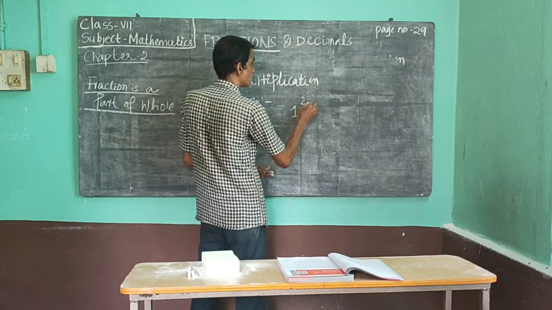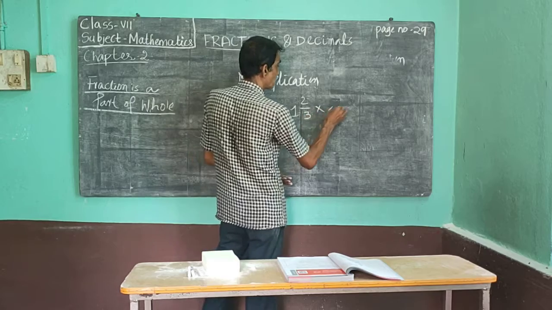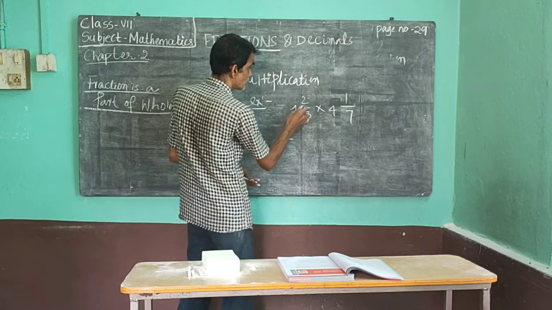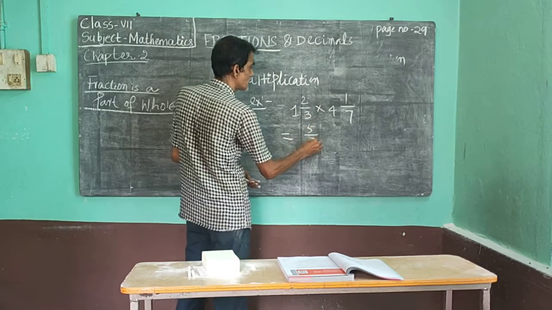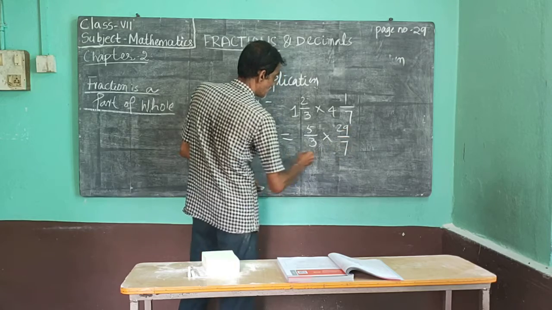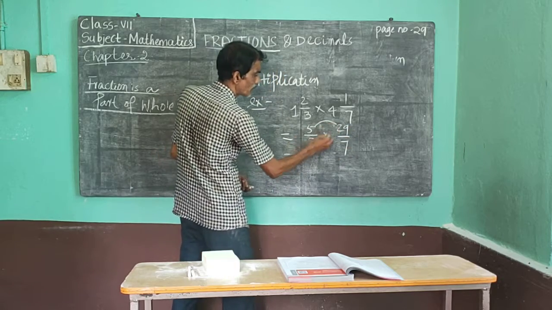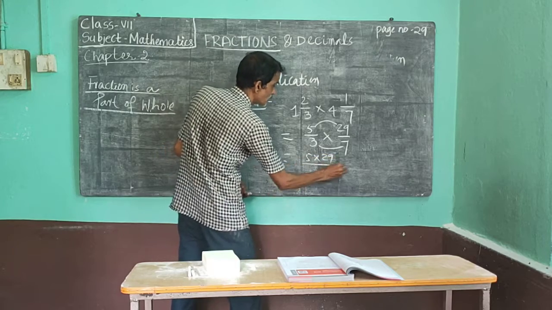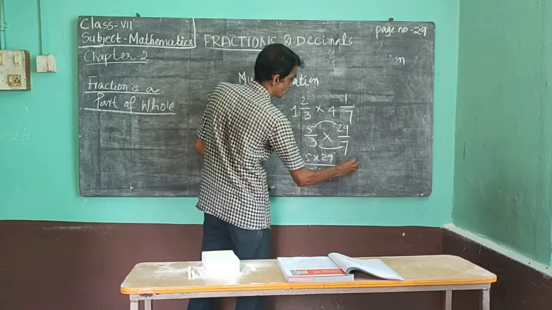Another example. 1 whole 2 upon 3 multiplied by 4 whole 1 upon 7. First make it improper. That is 5 by 3 multiplied by 29 upon 7. Now multiply. 5 multiplied by 29 upon 3 multiplied by 7.